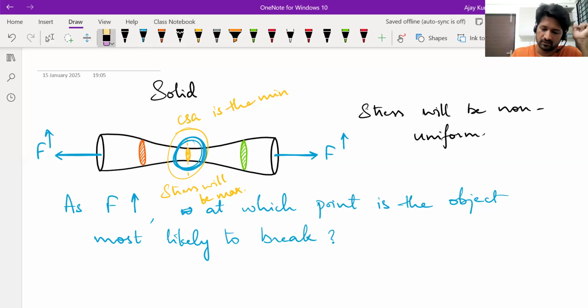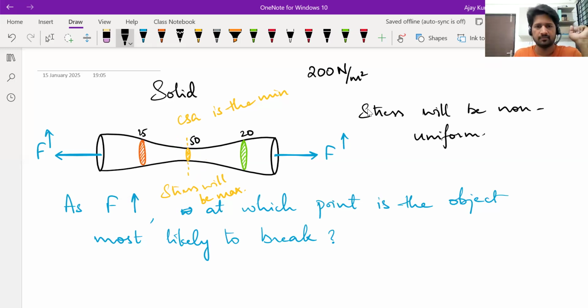Fine. Suppose the breaking stress of this material is, let's say, 200 Newton per meter square. Okay, let's say that is the breaking stress. Now, if you apply a small amount of force, let's say you generate a stress of 50 Newton per meter square here, maybe 25 here and 20 here. Tension is same everywhere, but areas of cross section are different, so the stresses will be different.